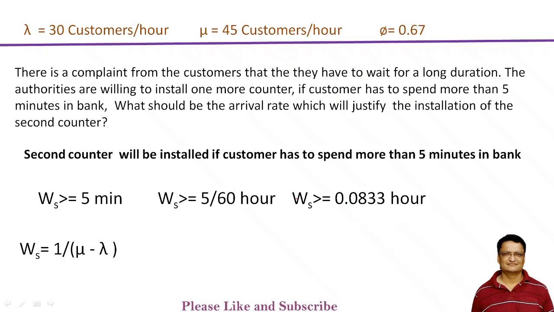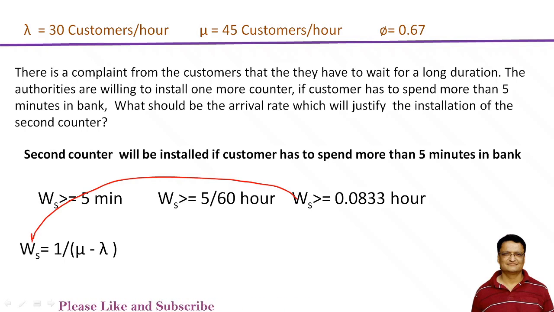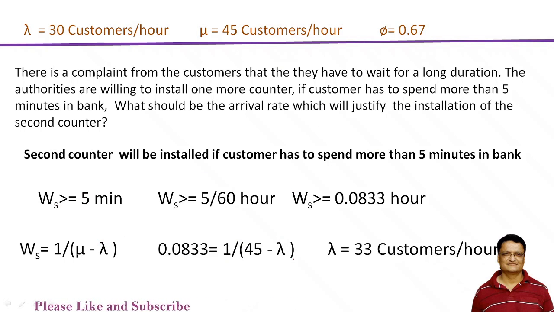Now I will put this Ws value in the formula which we have seen earlier. We know the value of mu, that is the service rate, and we can calculate lambda, which is asked to be calculated. So the value of lambda is given as 33 customers per hour.